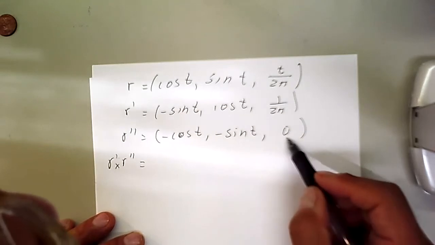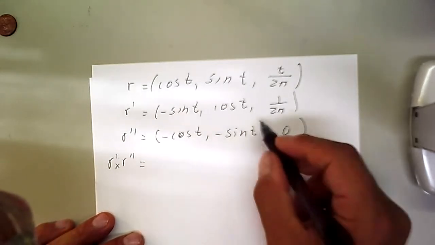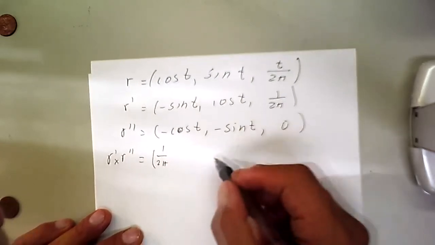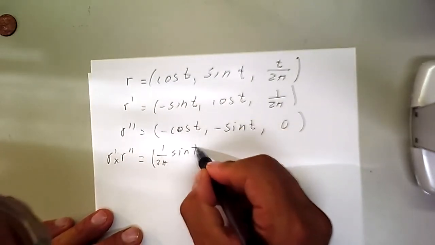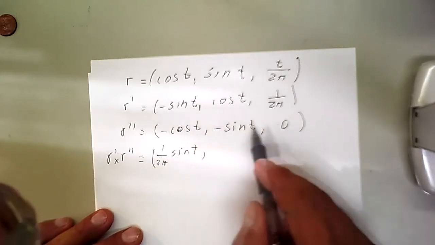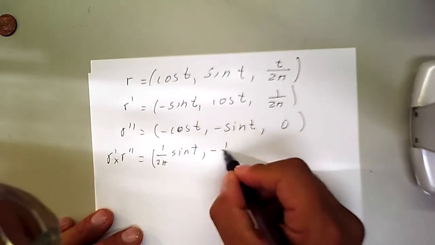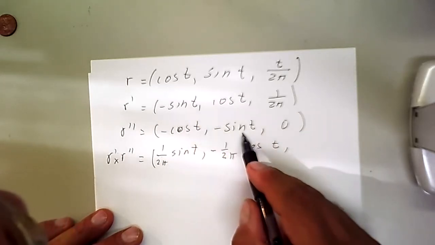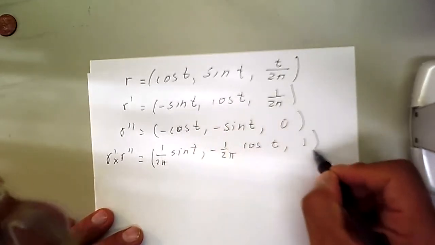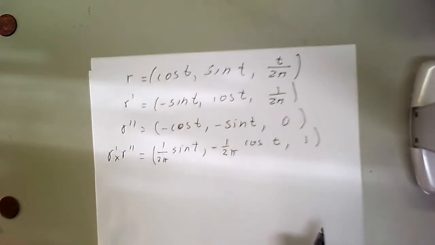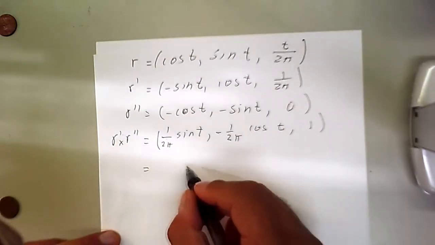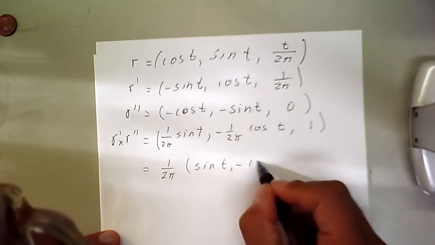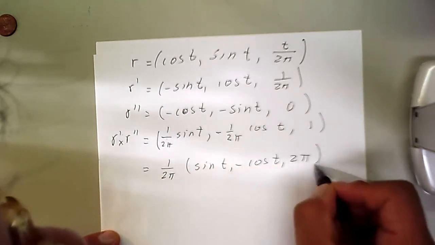Well, let's see, it has 1 over 2 pi, and then we multiply those two. Sine of t, 0, negative 1 over 2 pi cosine of t, and then sine squared plus cosine squared is 1. We can factor 1 over 2 pi as we have done before.